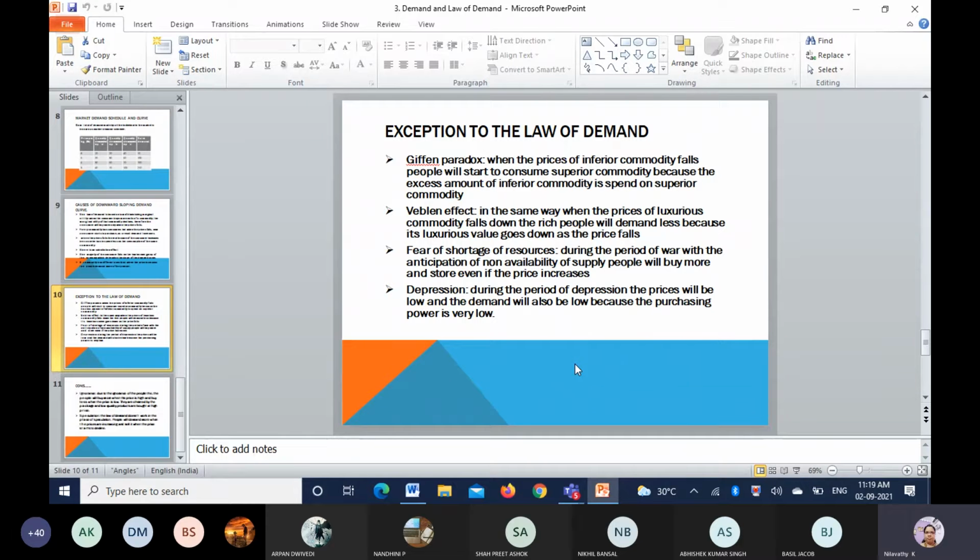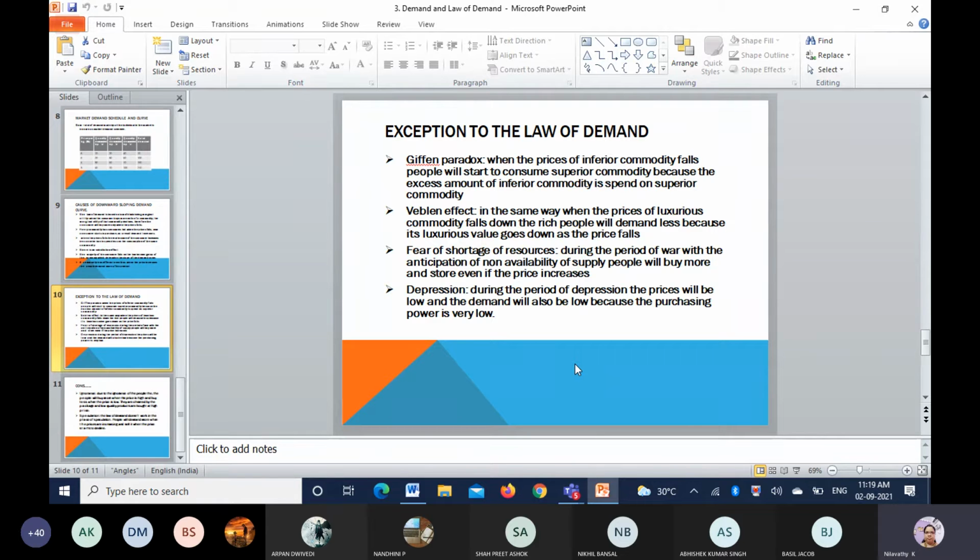And how Giffen explains it is that when the prices of these inferior commodities are lower than what is being offered right now, like 25 rupees or 50 rupees for 5 kg or 10 kg of rice, a very cheap amount, people will not buy that commodity itself.